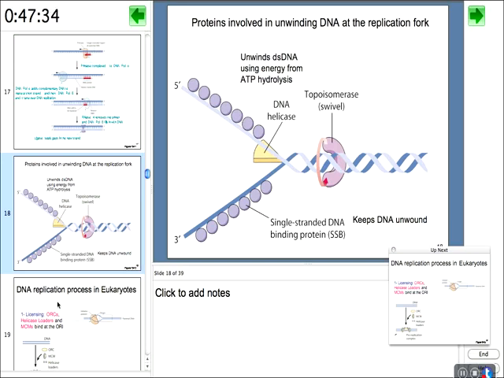So there is an enzyme to take care of that called topoisomerase. Topoisomerase gets rid of supercoiling. Topoisomerase releases supercoiling in the helix during replication.